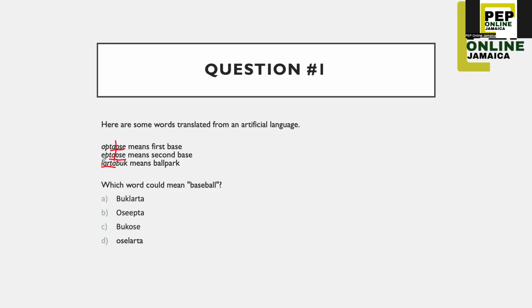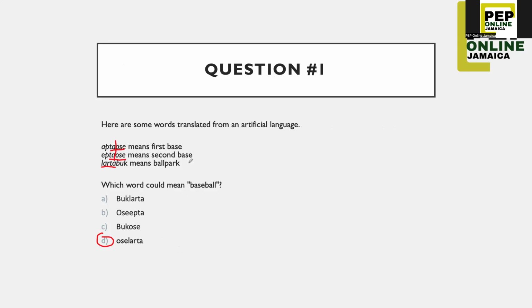Let us look at what EPTA, E-P-T-A stands for. And in this case, EPTA stands for second. That's not what we're looking for. Even though we don't see what ball stands for, we know that it has to be this, ARTA. Let me make sure. Base, oh, my bad.